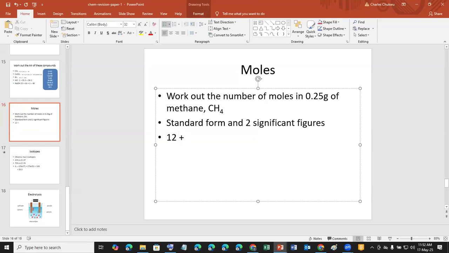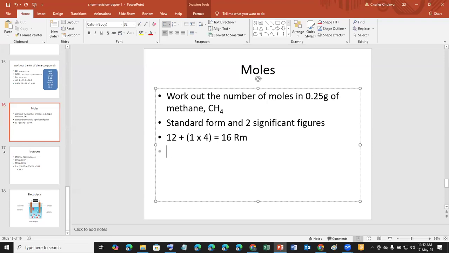Hydrogen is 1, so that's 1 times 4. 12 plus 4 is 16. This is its relative molecular mass, what was called Rm back there.